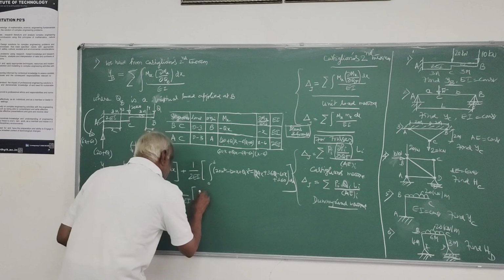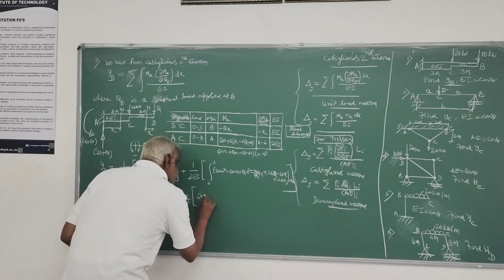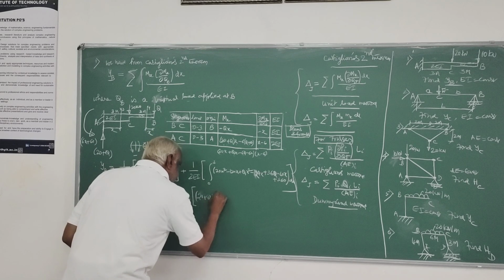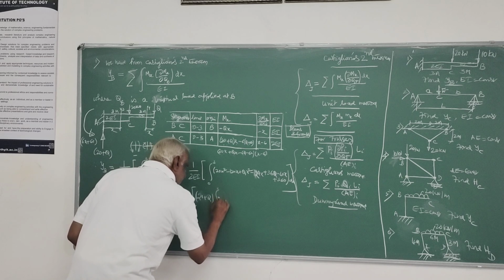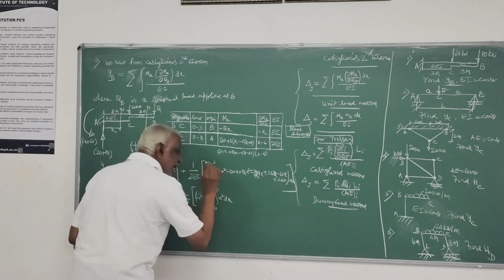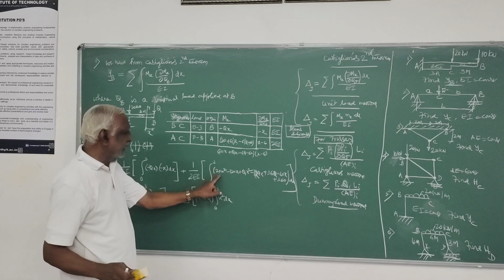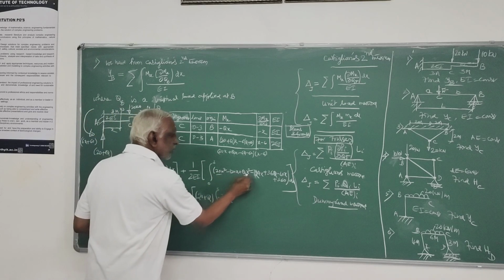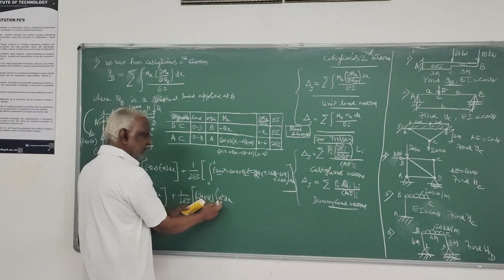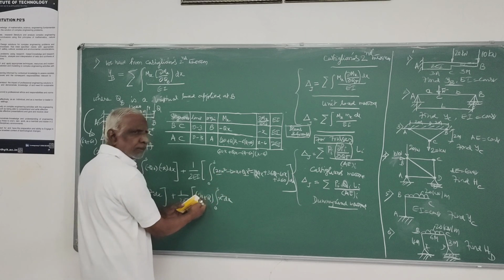I take this 20 plus q into integral x square dx. I have grouped it as 20x square, 2x square, x square. I will keep this as 20 plus q.